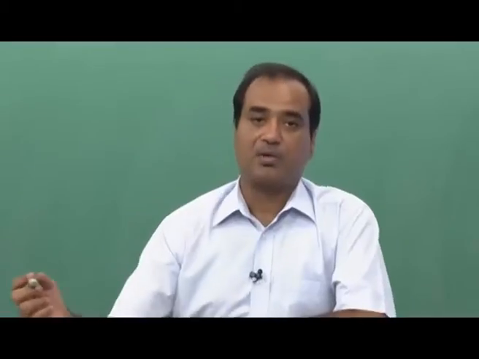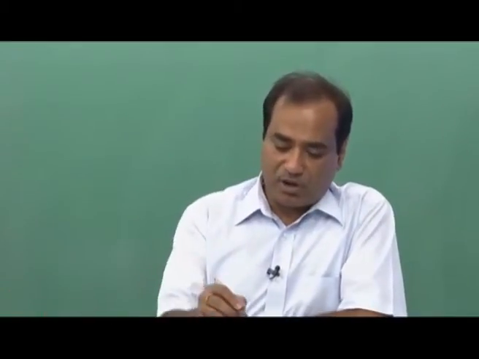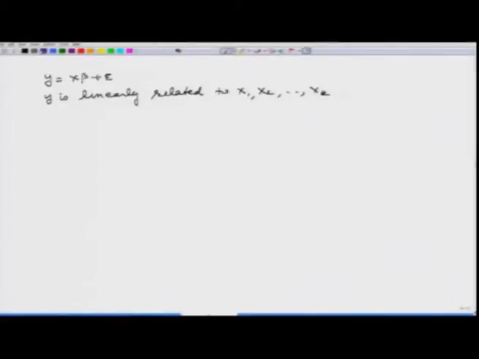So, we take the help of a simple linear regression model, in which, if you recall, I had made a scatter diagram like this, where I had taken x and y as independent and dependent variables. We made a scatter diagram of the given observations, and in case it looks like this, we can say that there is a linear trend, and possibly the relationship between x and y is going to be linear.